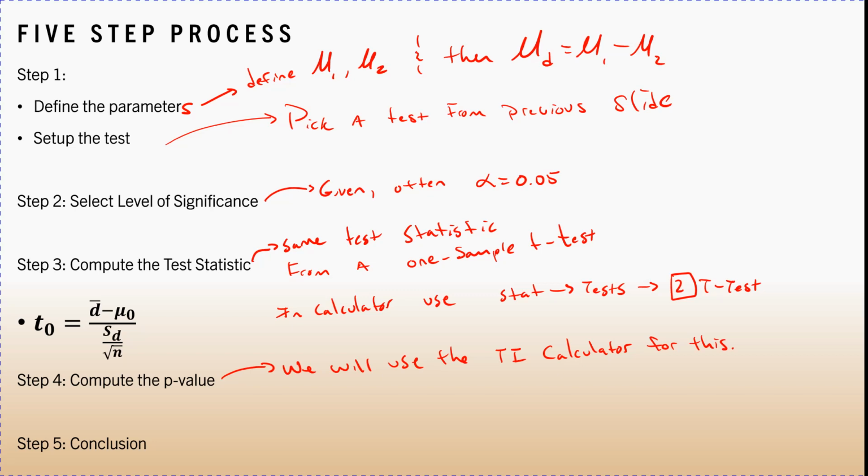And you know what you notice with all these hypothesis tests? We boiled it down to one number, and then we boiled it down to one probability, the p-value, and you're just comparing your p-value to your level of significance.